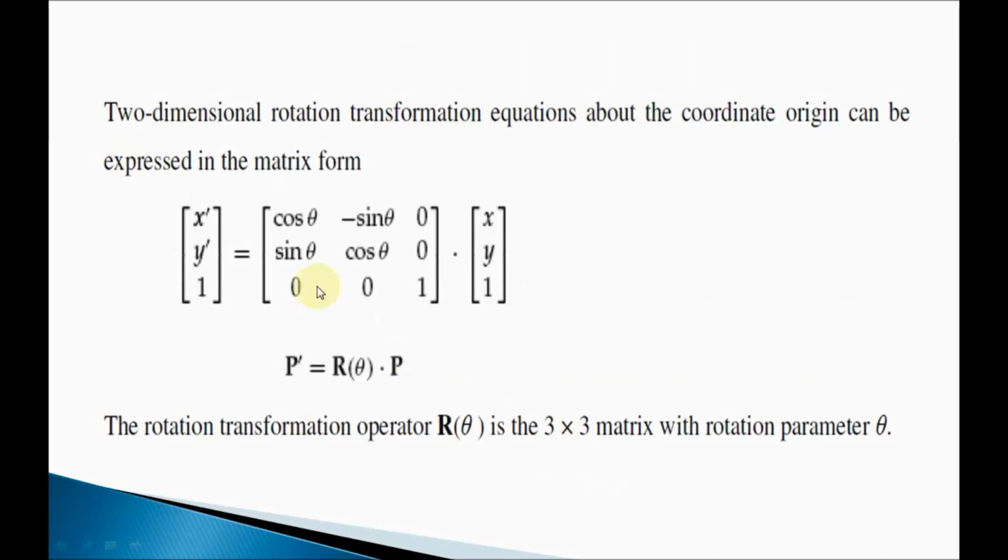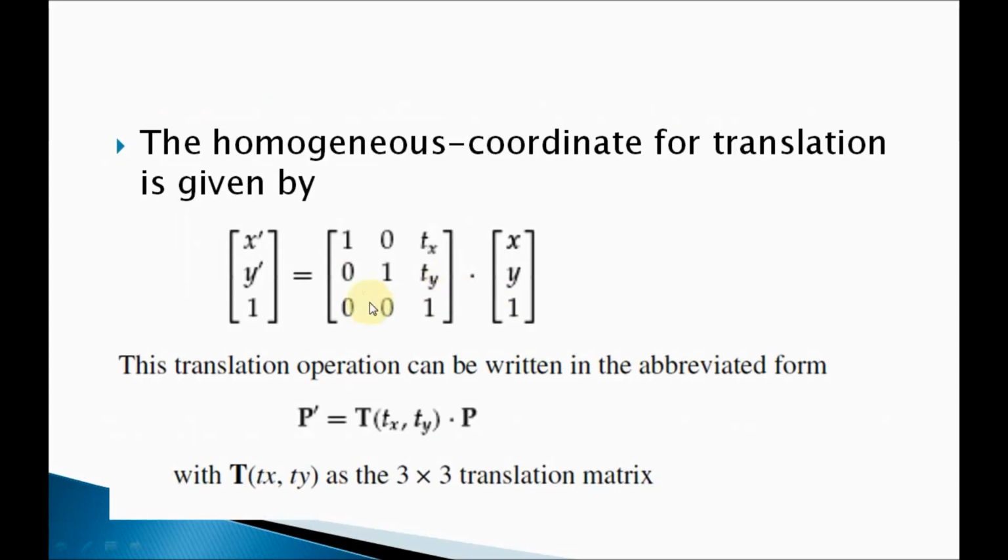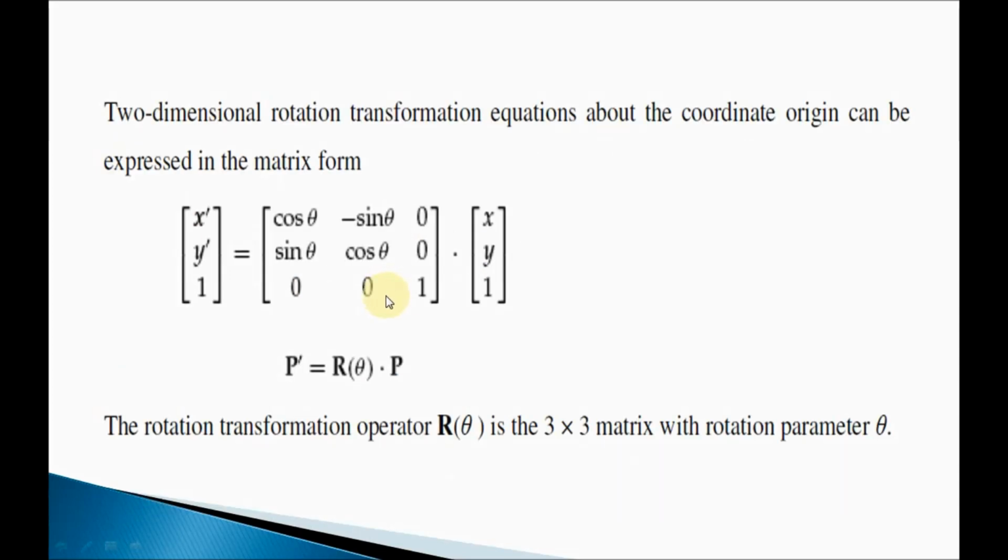Just see here, this is the format, 0 0 1. If you do matrix multiplication, you can see that the value won't change here. So this is written as p dash is equal to R of theta into p. Here R of theta is a 3 by 3 matrix.